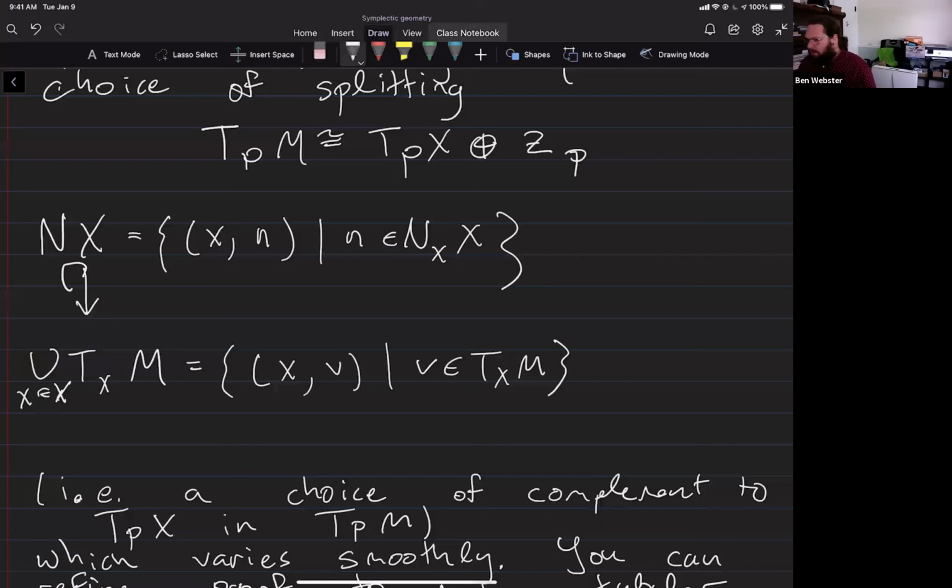One useful way to think about this: one way to construct a Lagrangian complement is you choose your Lagrangian, and then starting with any other vector that isn't in that Lagrangian, you can complete that to a Lagrangian complement. I see. Sort of like Gram-Schmidt. Yeah. Right. Well, not really.